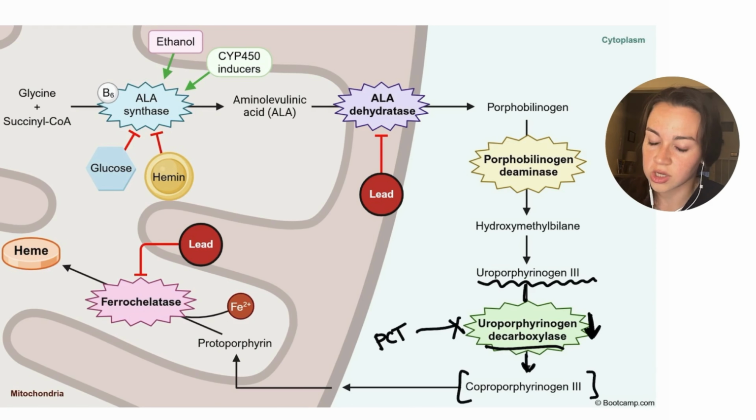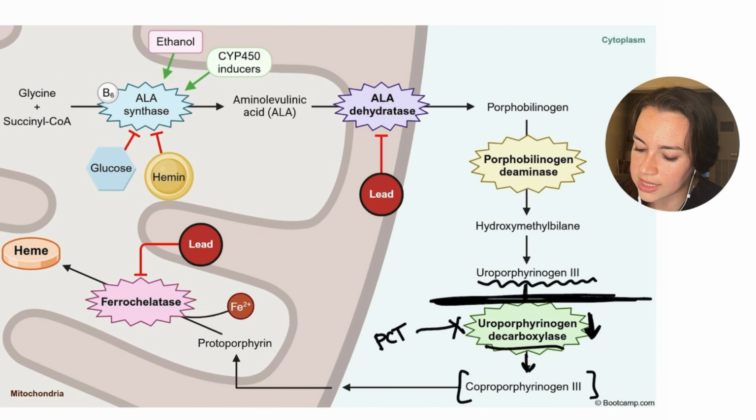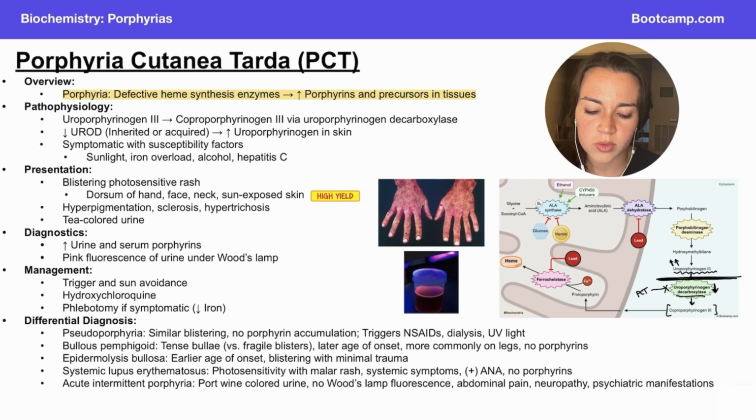We'll talk about those triggers when we get back to the outline, but the point is we are blocking off heme synthesis right here at this step, and we're going to get a buildup of uroporphyrinogens in specifically the skin. That's where these things like to accumulate. So under normal circumstances, uroporphyrinogen III will turn into coproporphyrinogen III via this UROD enzyme, uroporphyrinogen decarboxylase.